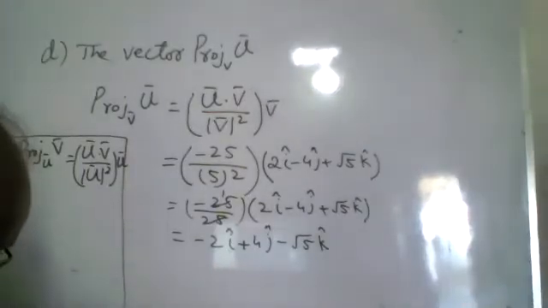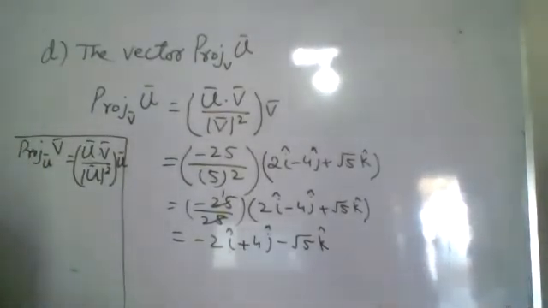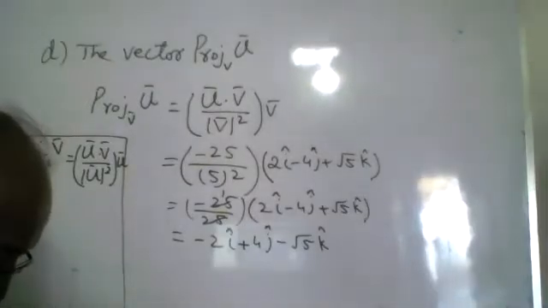If it is the scalar component of V in the direction of U, we take V magnitude into cos of theta. And the D part, the vector projection of U onto V, we have found.